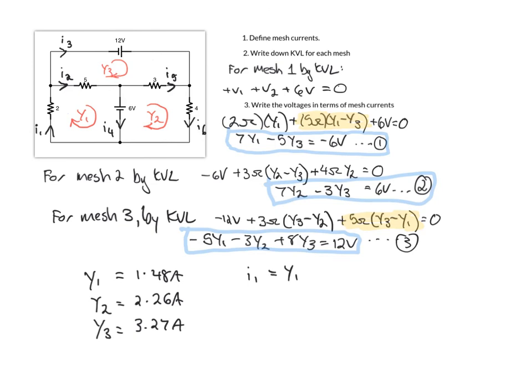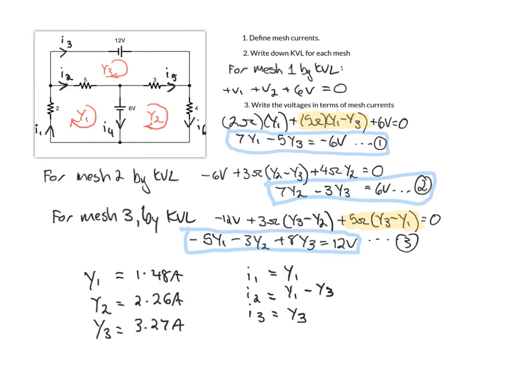So we know that I2 is equal to Y1 minus Y3. I3 is simply equal to Y3, because you can see that the only current flowing in this branch here is I3 and Y3, and they're flowing in the same direction.